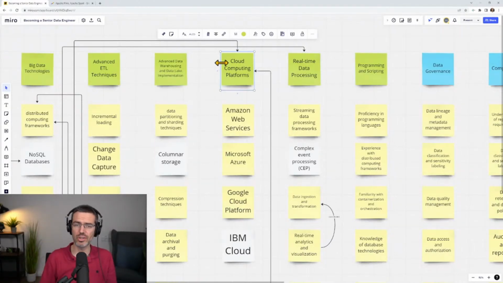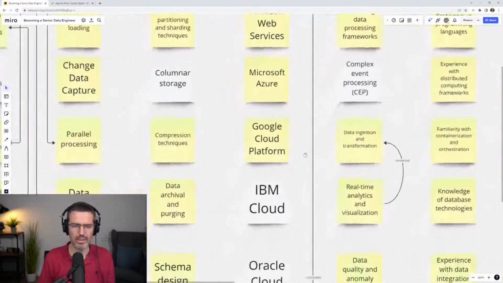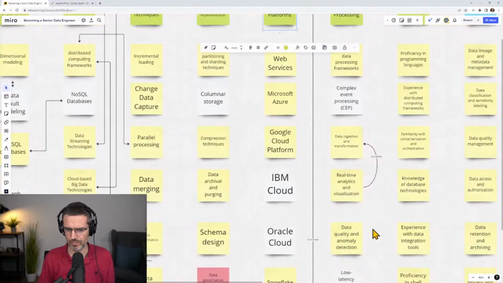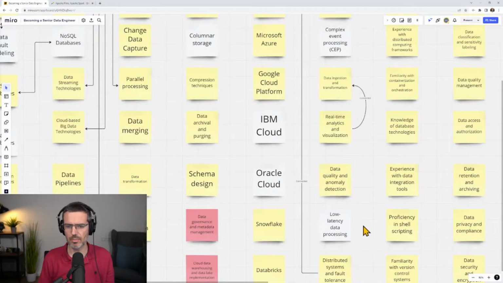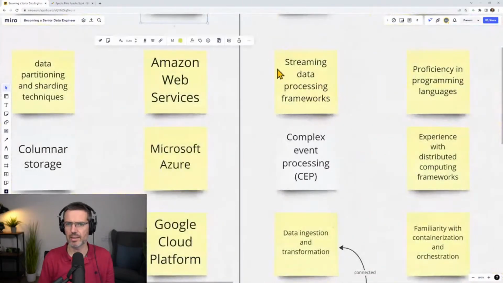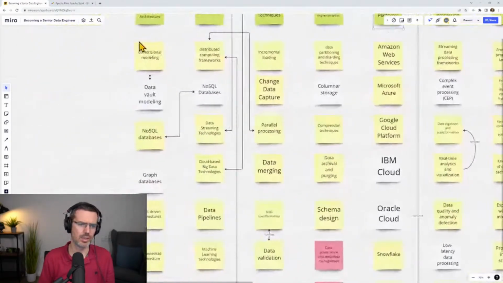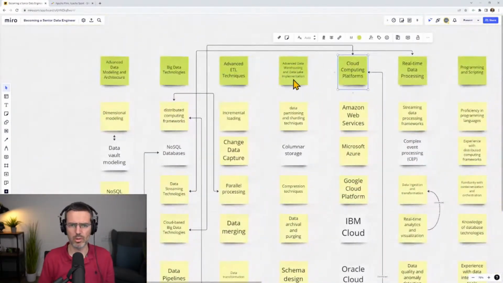So a senior engineer needs to understand, not just have the experience of implementing stuff, but also how to design pipelines, how to design whole platforms, how to design data quality and anomaly detection, how to design streaming data: how the data is going to flow through my platform, what tools am I going to use, how's the data going to look, how to model data and so on.